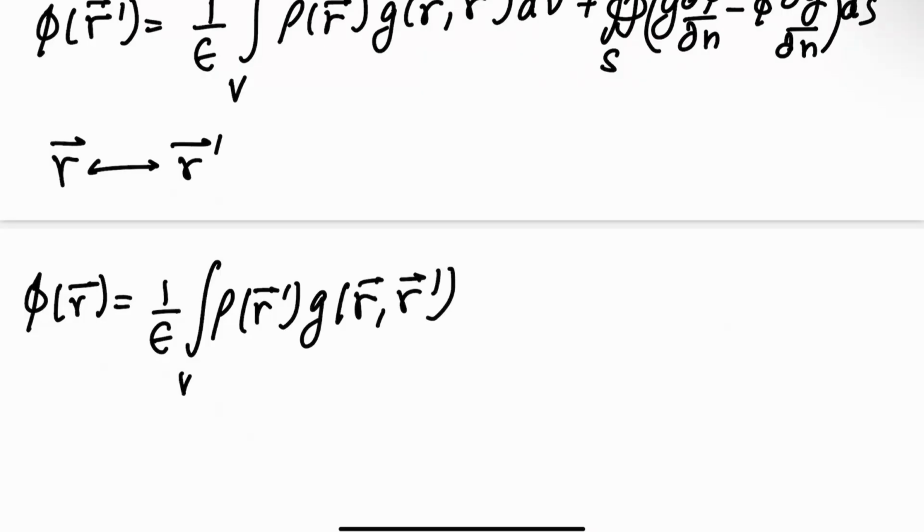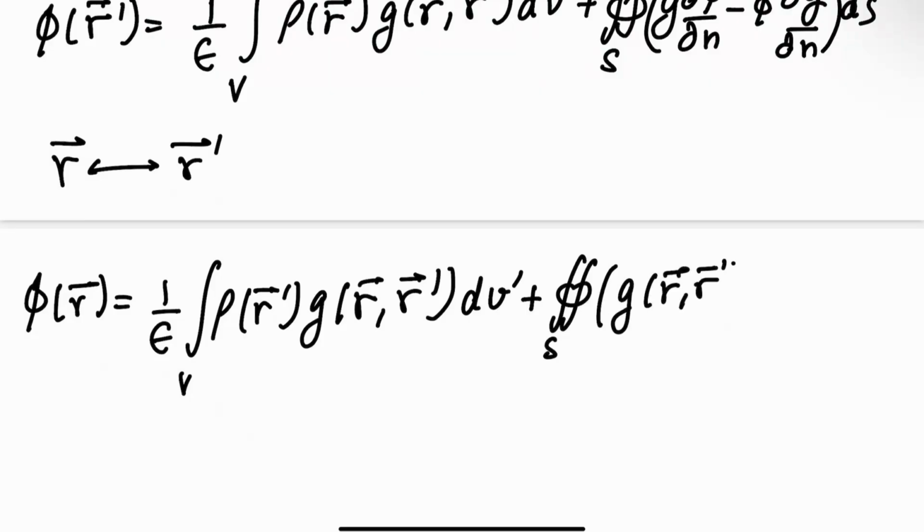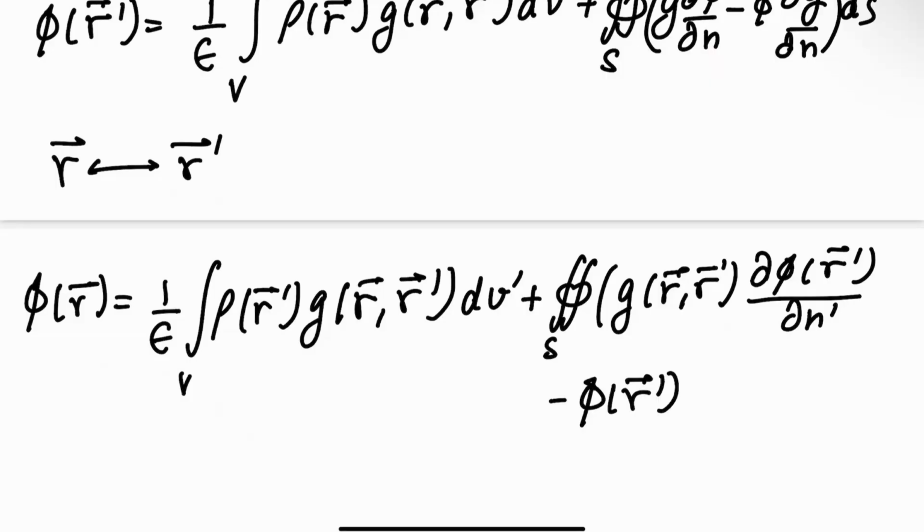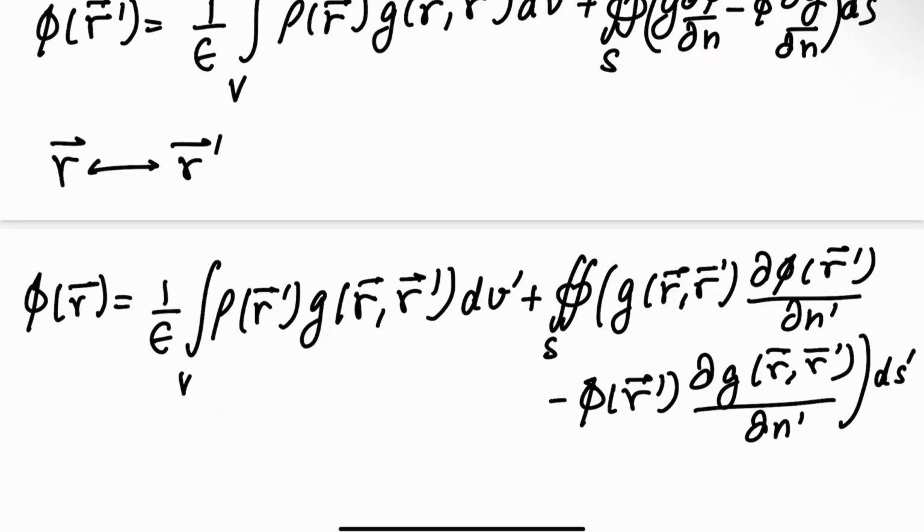Of course, this doesn't change, because it's the same whether you write G of r comma r prime or G of r prime comma r. dV prime, plus the surface integral of G of r comma r prime, d phi of r prime over dn prime, minus phi of r prime, dG of r comma r prime over dn prime, dS prime.